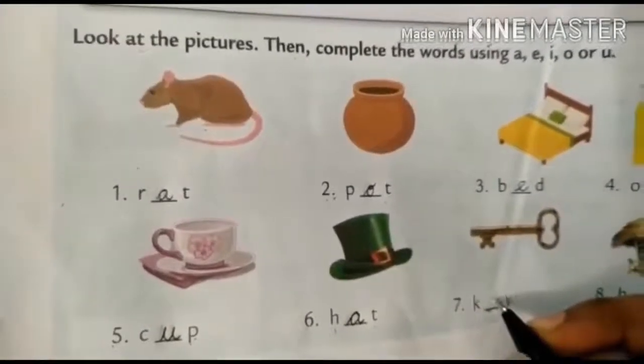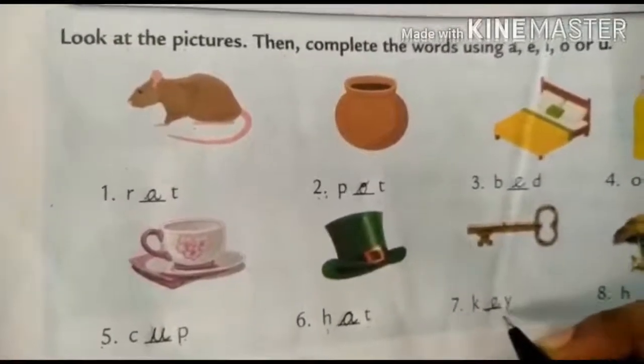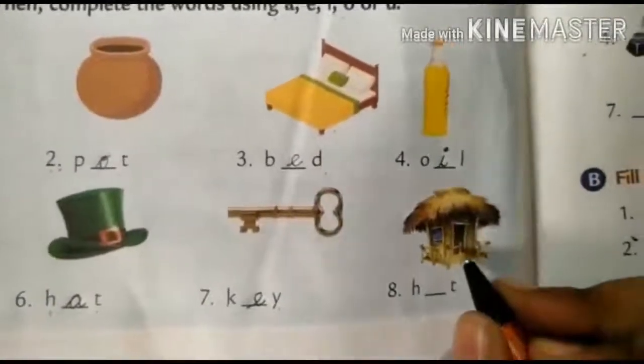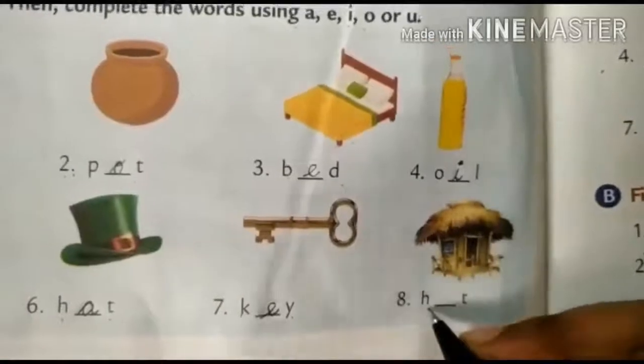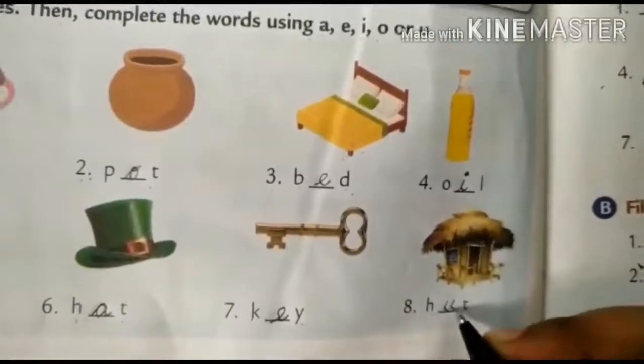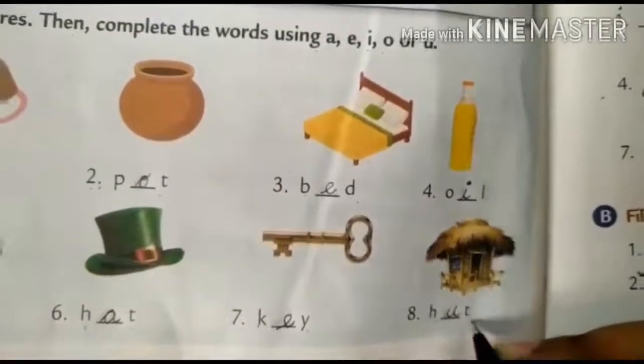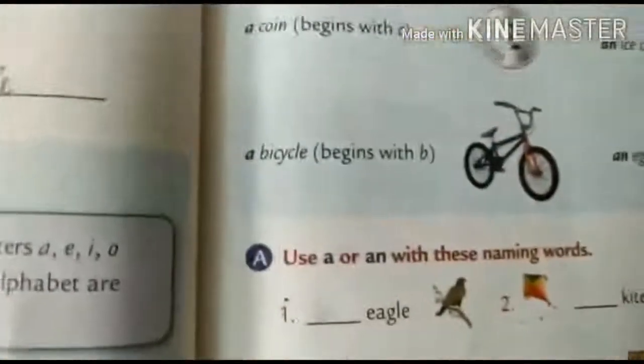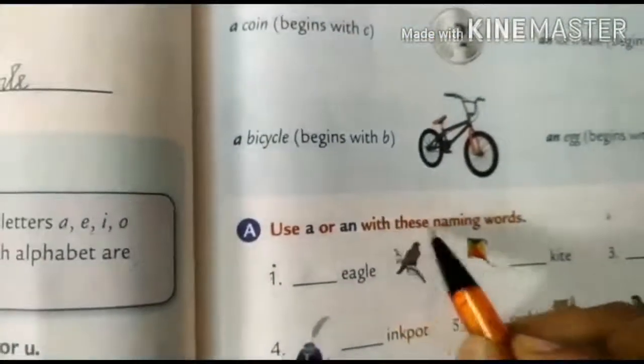K, E, Y, key. The eighth one is hut. H, U, T, hut. And now come to page number 43. Use A or an with these naming words.